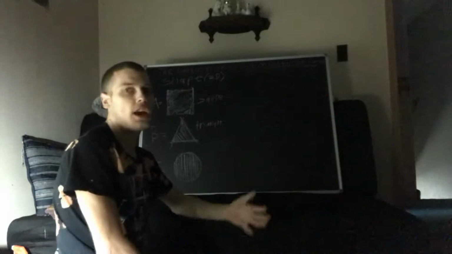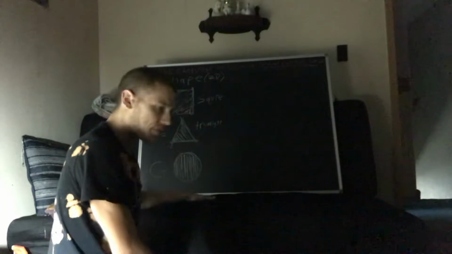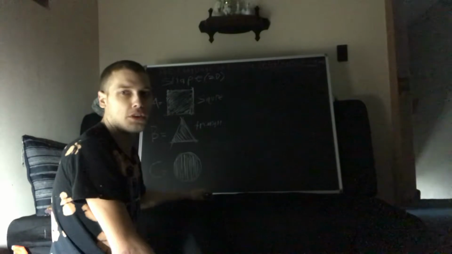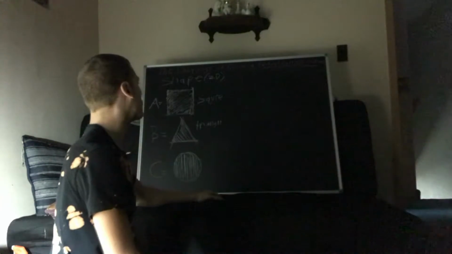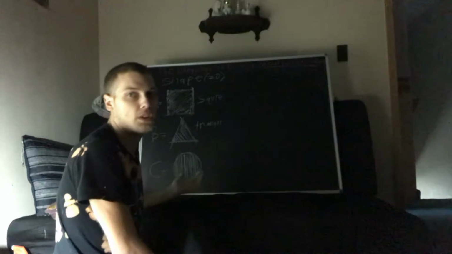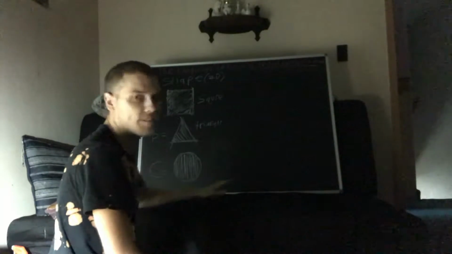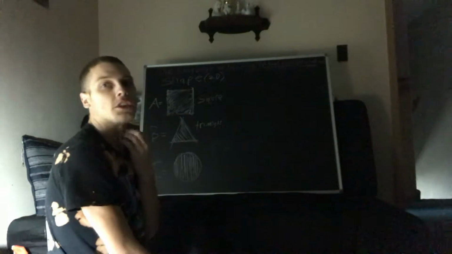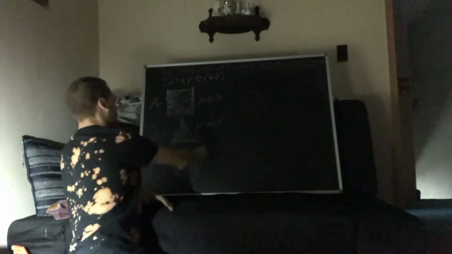And I know a lot of you are probably past this point, but for younger viewers, and even for myself, it's good to keep this in your head, especially if you're going to teach this one day. So like I said, these shapes are formed by horizontals, verticals, diagonals.